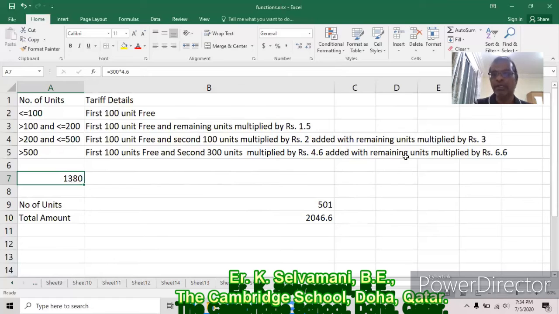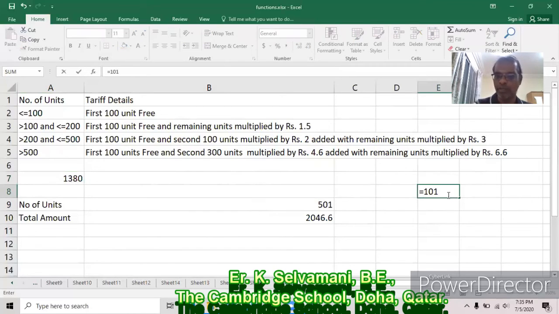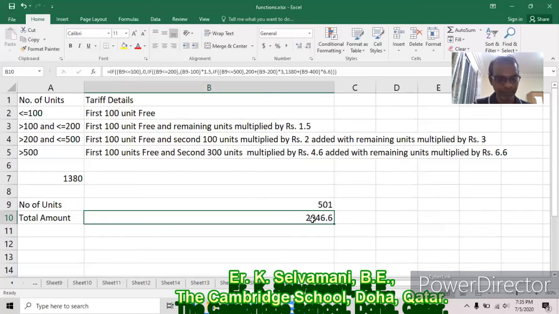That 101 units should be multiplied by 6.6. It gives 666.6. This amount should be added to 1380. We are getting 2046.6. Okay, so now I will explain the function.